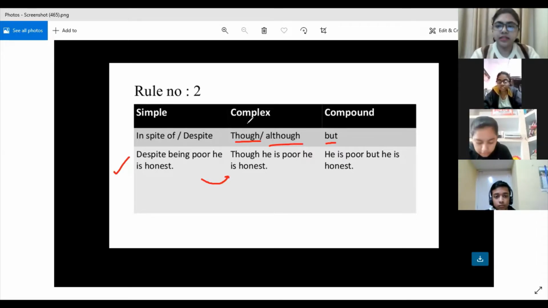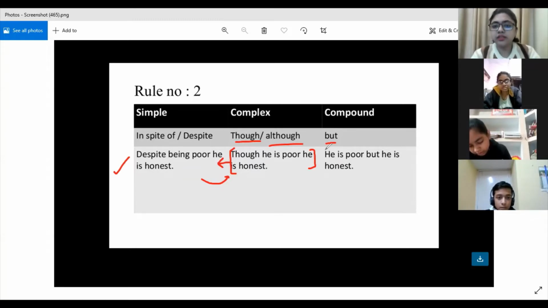In your exam, it is not necessary that you will be given a simple sentence only to transform into complex and compound. You might be given a complex sentence also. Suppose I give you this sentence and ask you to convert it into simple. Then you must know the rule backwards also. All three things you should know.